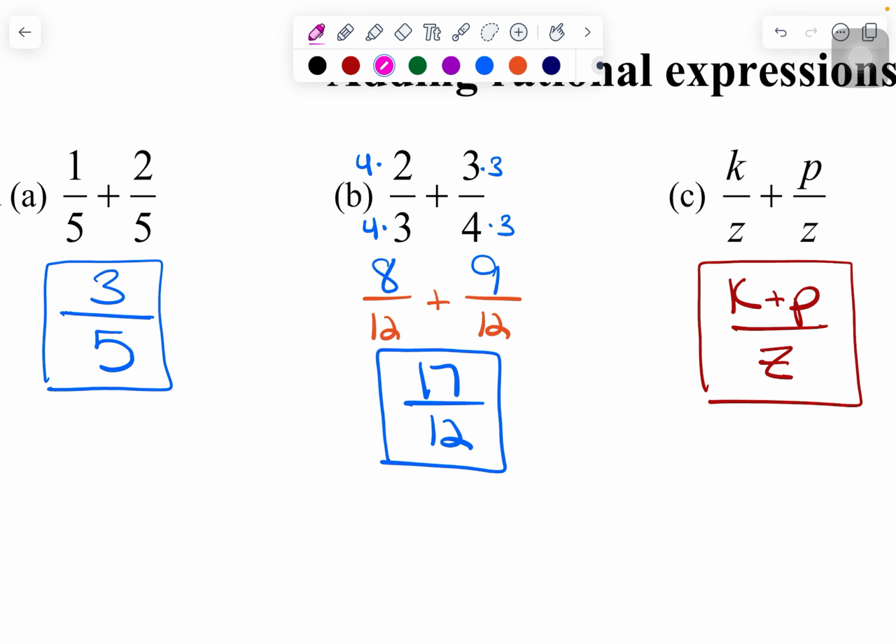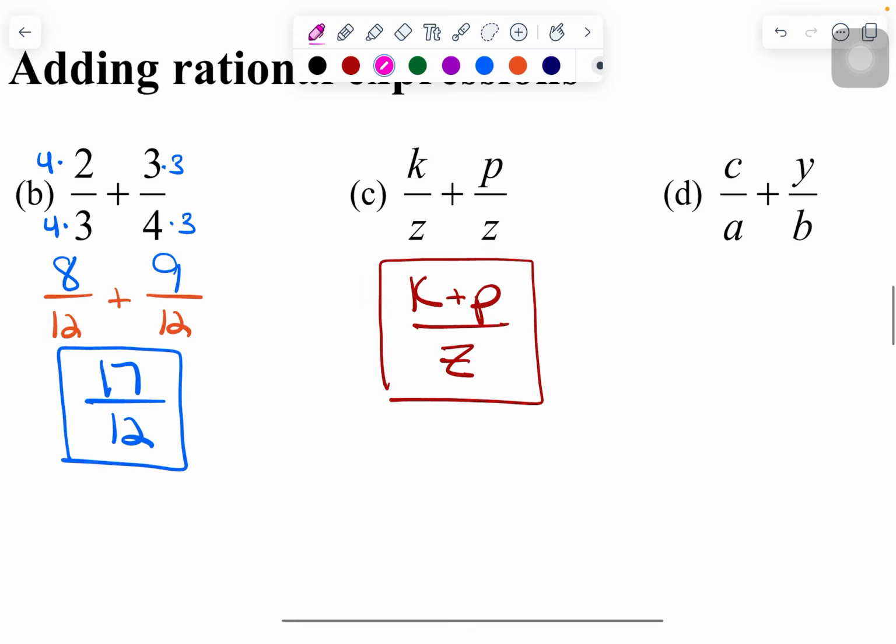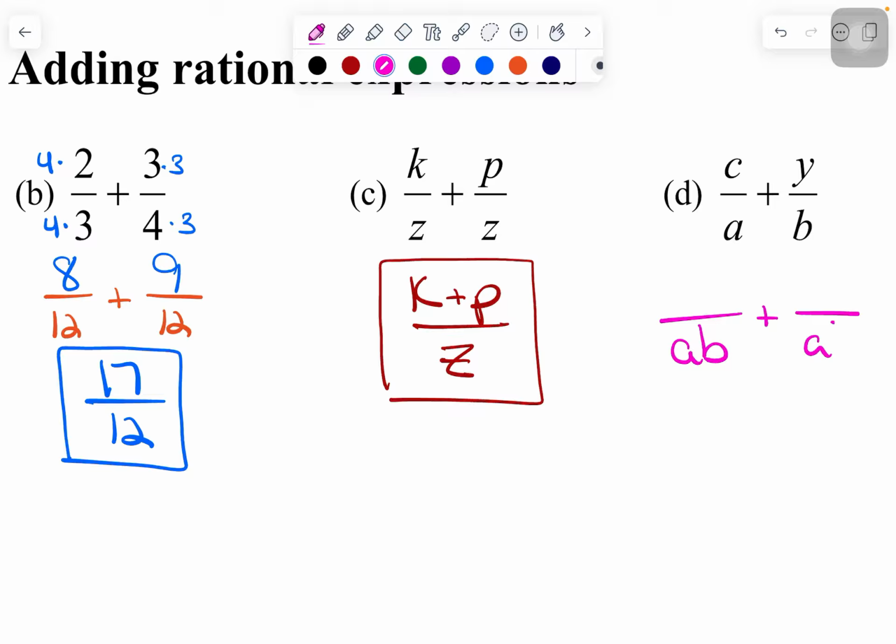All right. So part D is going to mirror a lot of what we did in part B. So C over A plus Y over B. I need a common denominator. Now, unlike 3 and 4, where I can actually multiply it out and look at real numbers, I don't know what A and B are, but I do know that if I multiply them together, that's going to be a common denominator.